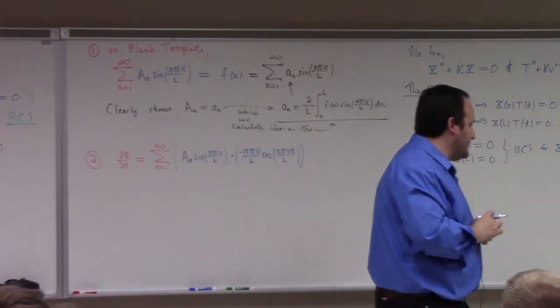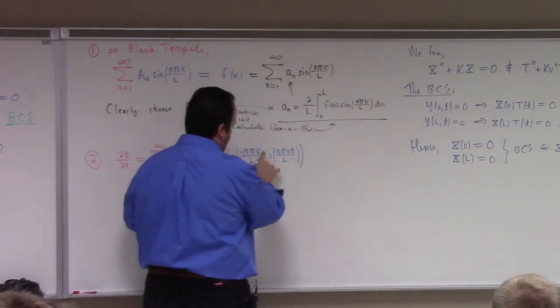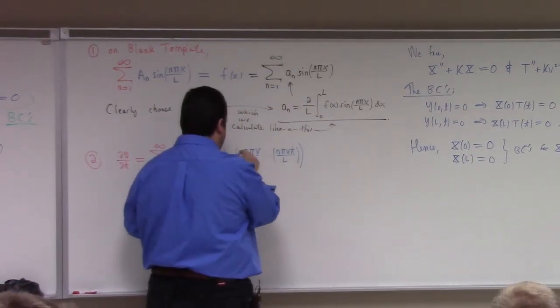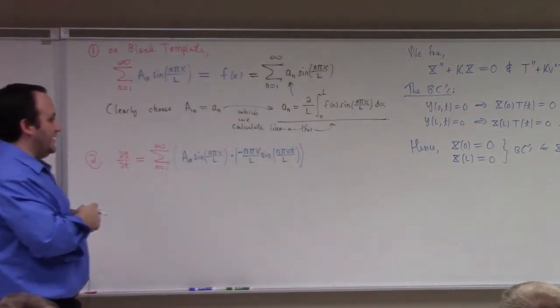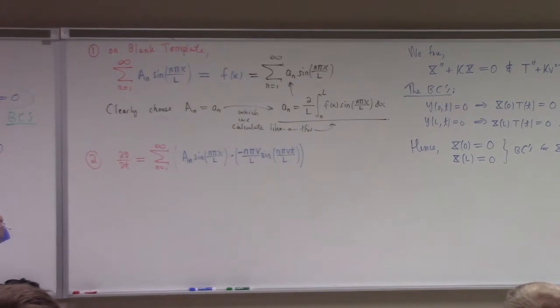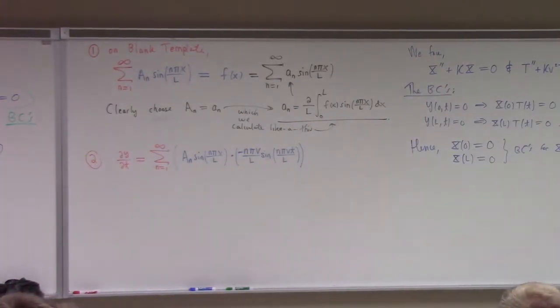Oh, I can't do math. What's the derivative of cosine with respect to time there? I got my minus, but I forgot derivative of sine is minus cosine, right? Okay. You guys follow? So minus sine. Chain rule brings out the n pi v over L. And then on the other hand, the second piece, I get a cosine there.